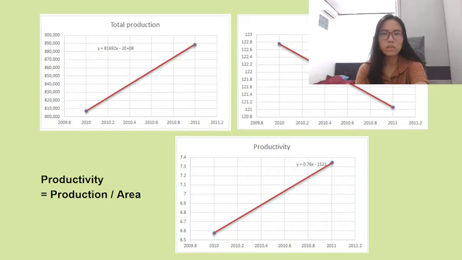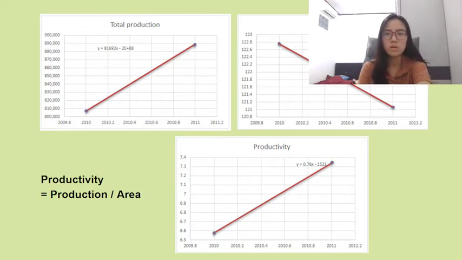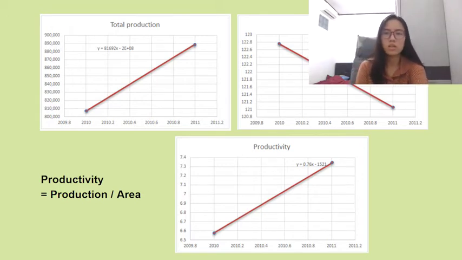The total production has increased from 807,160 to 880,805.2 kilotons. Also, the productivity increased from 6.68 tons in 2010 to 7.34 tons in 2011.